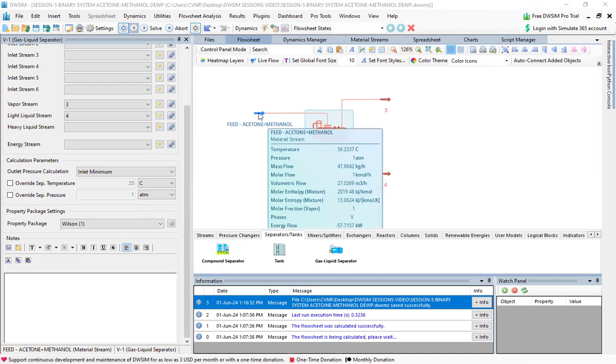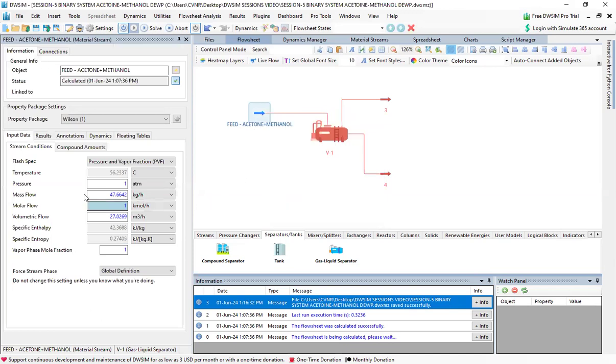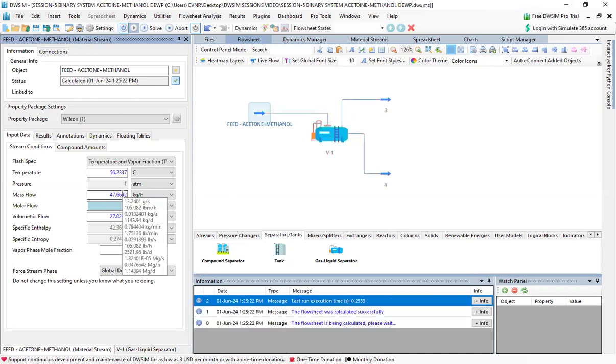We should decide, right? So I go to the stream. Now, instead of taking pressure and vapor fraction as the flash spec, I take temperature and vapor fraction as the flash spec.